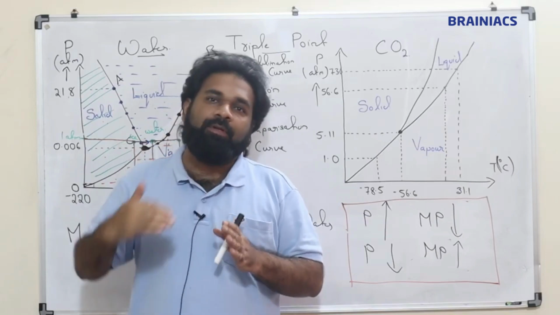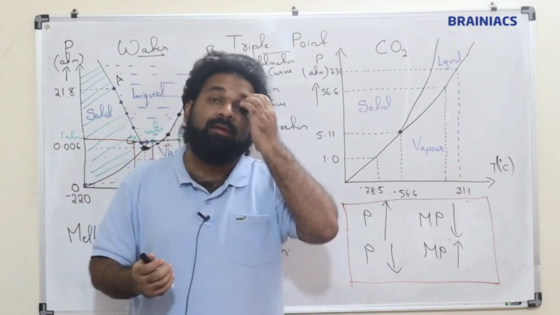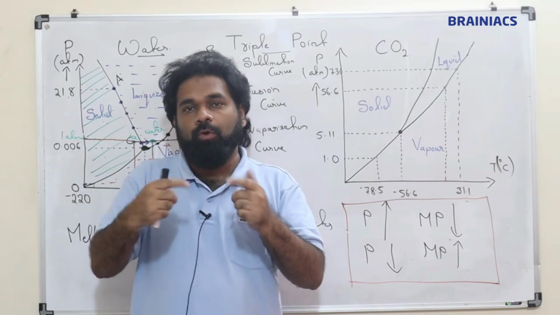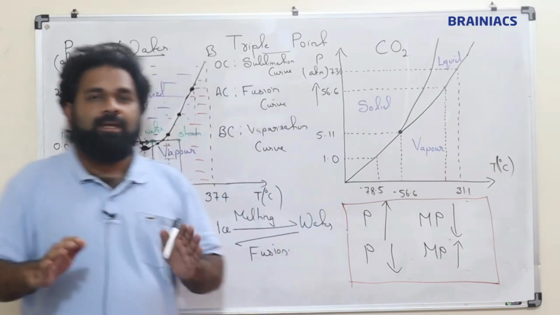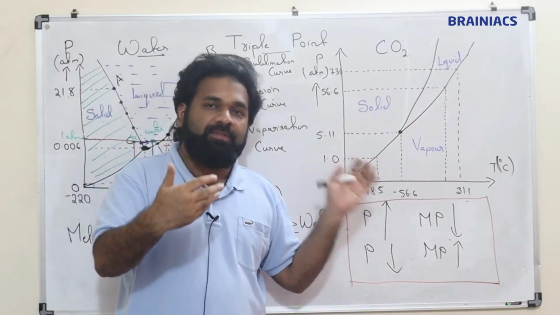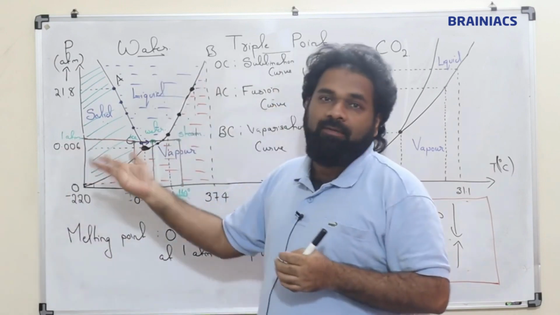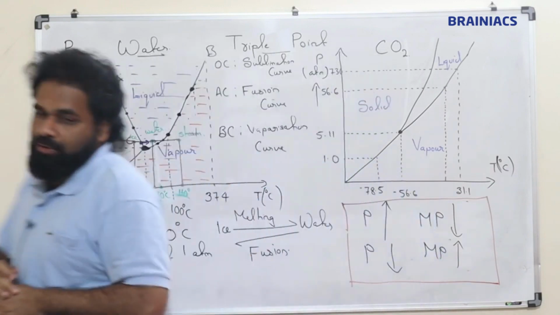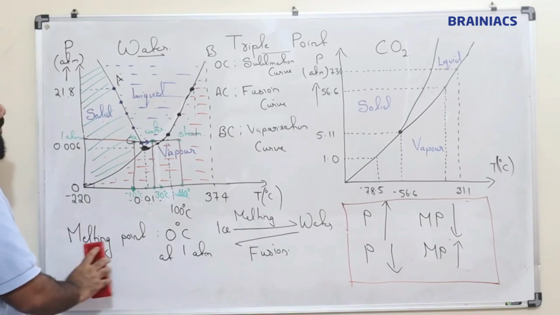Whether the melting point is increasing or decreasing, the boiling point is increasing or decreasing, we should be in a position to analyze and give the correct option. If a difficult question comes, we should be in a position to analyze and give the results. This is how we should analyze the graph. Clear? Shall I erase this? Okay, hope you understood.